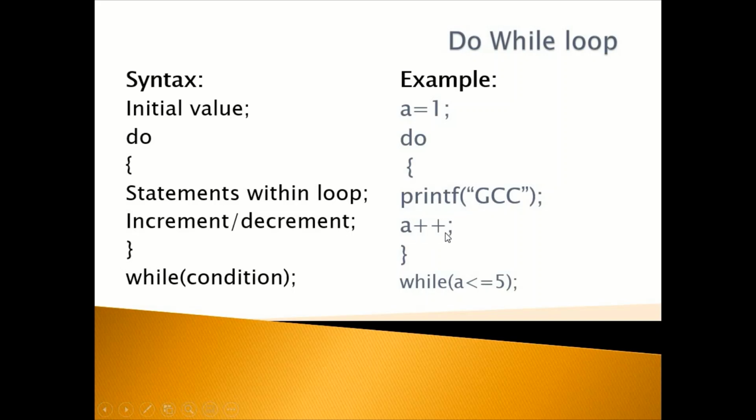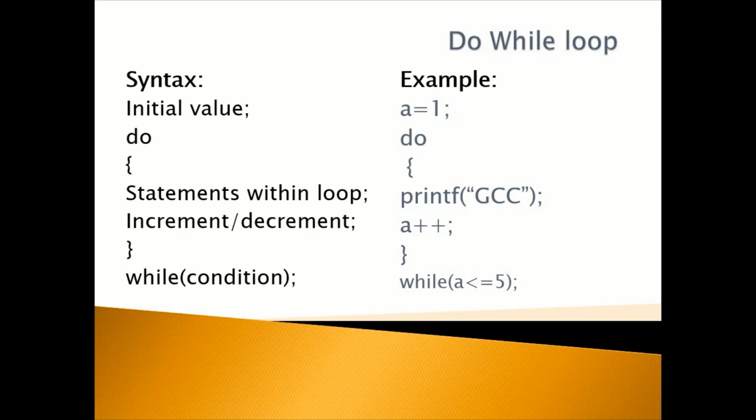After that, a++, a becomes 3, 3 is less than 5, so again it prints GCC for the third time, and this process continues up to a is equal to 5. After printing GCC for the fifth time, when a++ is executed, a value becomes 6.